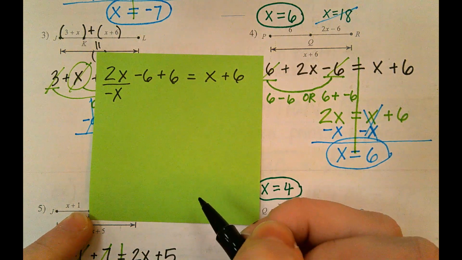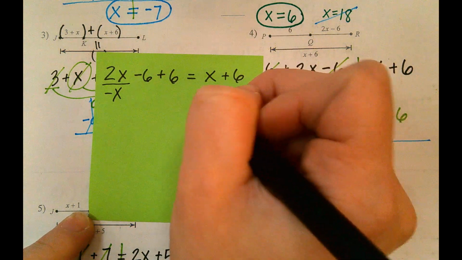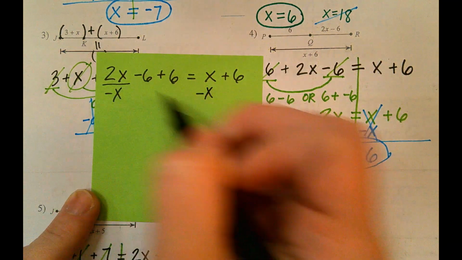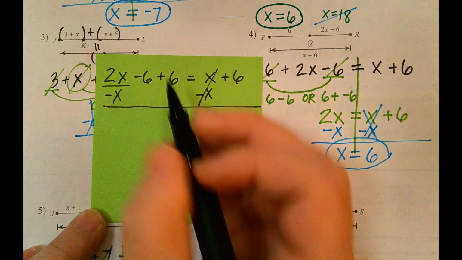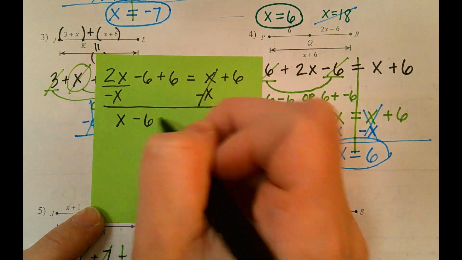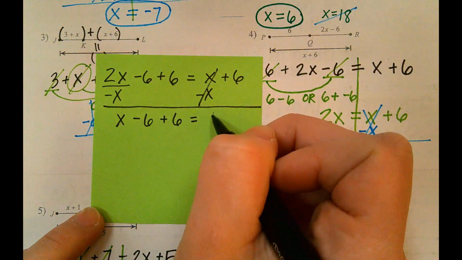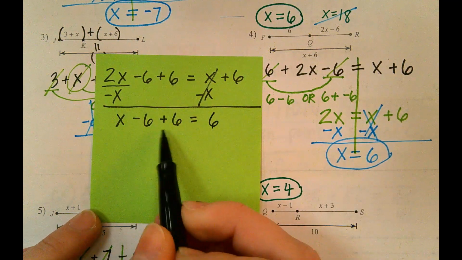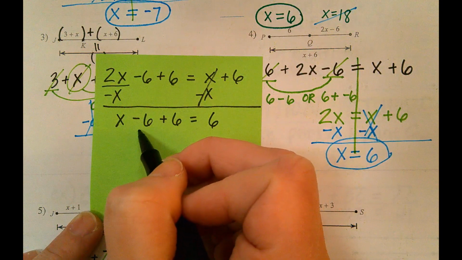Yeah, and then on the x plus 6 part, I had the negative x underneath that x. So I crossed them out, and somehow I came up with x minus 6 plus 6 on one side. Then I added 6 to the negative 6 on that side. So you did negative 6 plus 6. Yeah. Okay. And what'd you get?